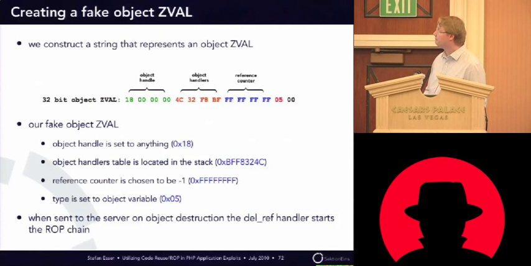So this will look like this. You have a fake variable. In this case, it's an object. An object is identified by the 5, not the 6, but a 5. You put in a reference counter of -1, so that it will be freed. The object handler's pointer will be a pointer to the stack location you just leaked and controlled.